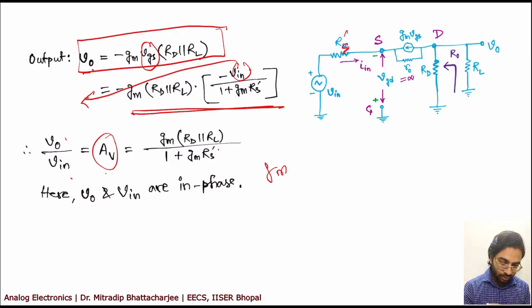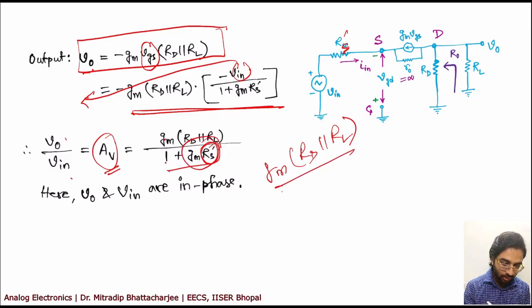So in this case also you'll find that your gain value is GM (RD parallel RL). If RS is very small, you can neglect this term, so it will be this divided by 1. So your gain is more or less GM (RD parallel RL). So your gain in this case is better.